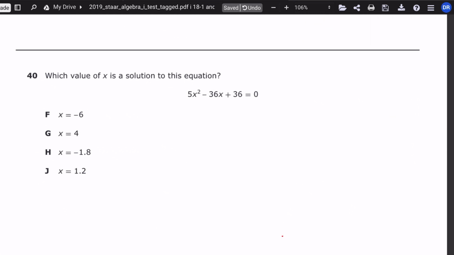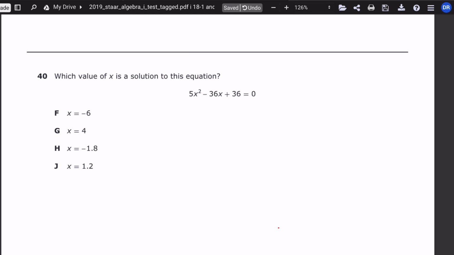Next, the 40th one. Which value of x is a solution to this equation? Here we have to do it by factorization. We don't have any common factors, so we have to do it directly. First 36 into 5: 5 6s are 30, 5 3s are 15, so you get 180.